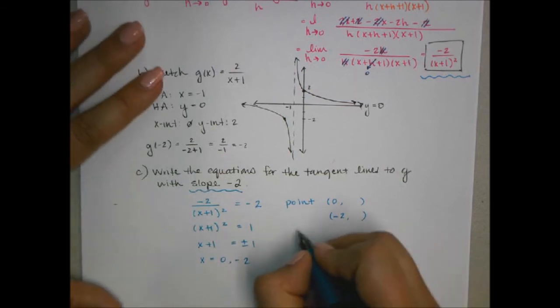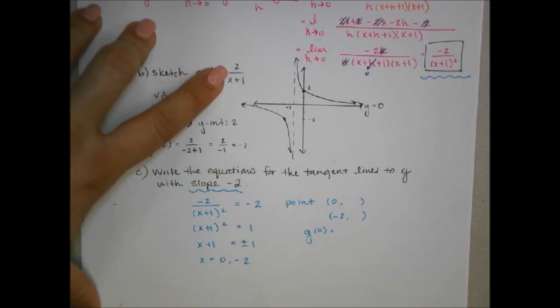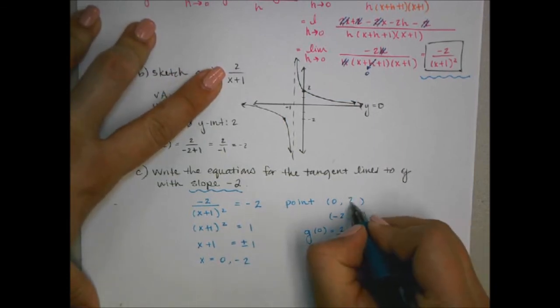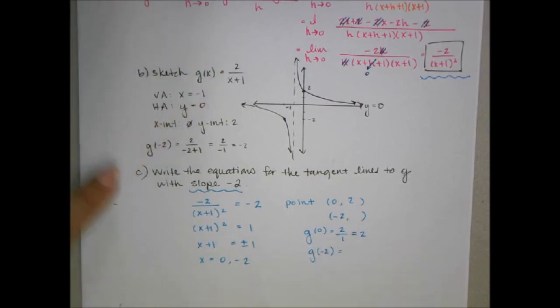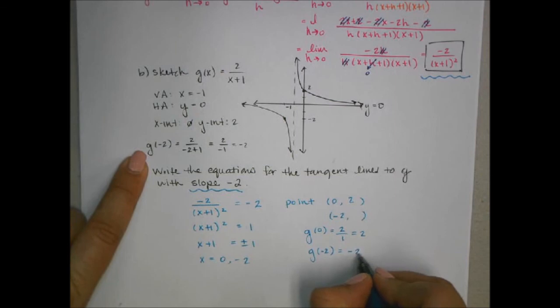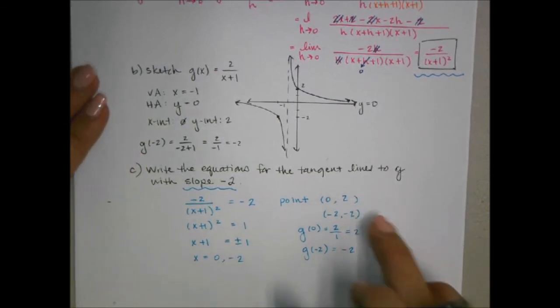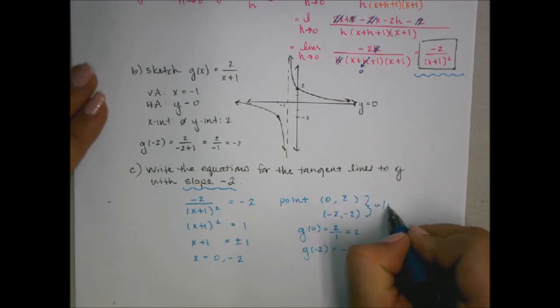So we have g of 0. That's going to give us 2 over 1, 2. And g of negative 2, which earlier we actually did already, is negative 2.